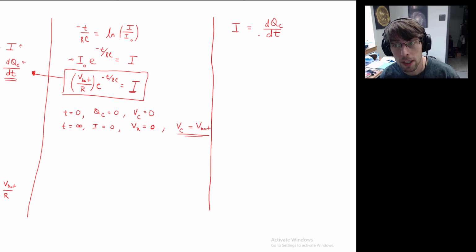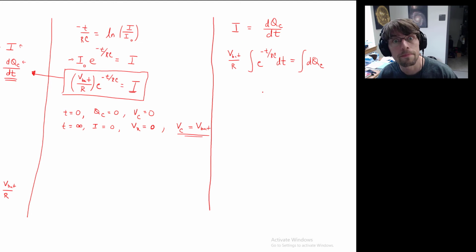What we need to do now, again, this is a separable equation. We can get the t's on one side, the q's on the other, and go at it. So let's go ahead and do that. We have V bat over R, that's a constant. And then I have the integral of e to the negative t over RC dt. And on the right-hand side, we just have the integral of the charge on the capacitor. Let's think about our limits of integration again. At time equals 0, how much charge is on the capacitor?